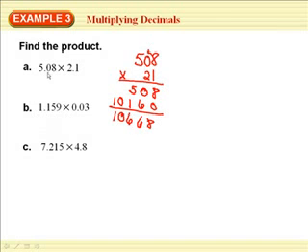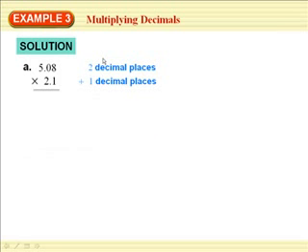Okay, and then I count the decimal places. There are 2 right there, there's 1 right there, for a total of 3, so I put 3 in my answer, 1, 2, 3. So this answer would be 10.668. And let's see. There they are.